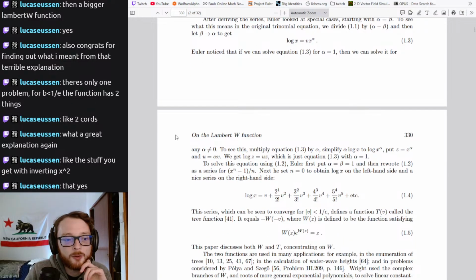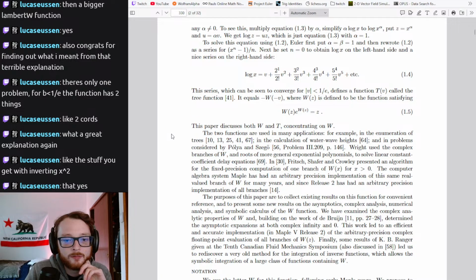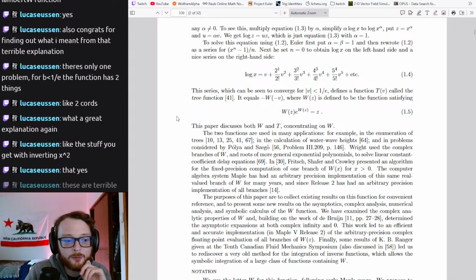I know you can't express the Lambert W function cleanly, but I don't really know where to start with it.